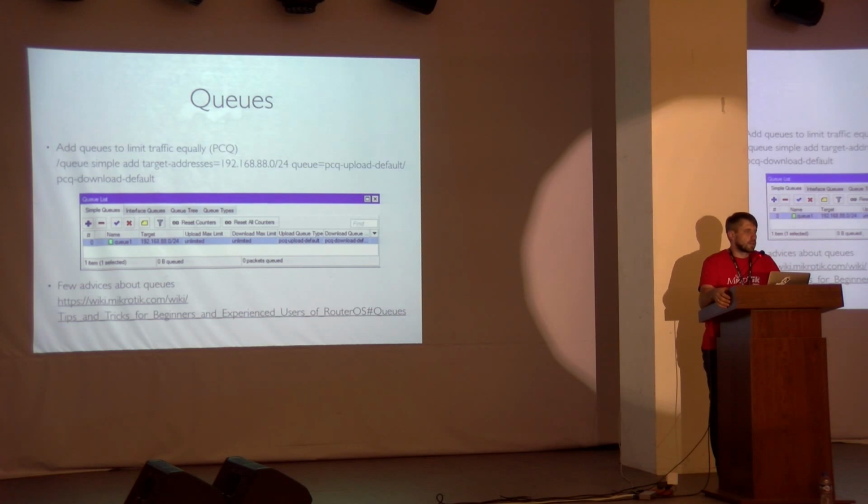And all those users are not online all the time. So if you set 1 megabit for each of them, it means that we reserve 1 megabit for a specific client. By PCQ, we set 50 megabits, and this traffic is being equally distributed between those clients. When we have 2 clients, we get 25. When we have 10 clients, we each get 5 megabits, and so on.